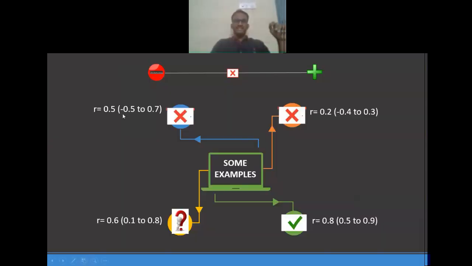Let us consider the first example, where the R value is 0.5, which denotes a moderate degree of correlation. But suppose, when we calculate the confidence interval, we get minus 0.5 to plus 0.7. This is the variability range. It shows that if the study is replicated, the value we get can vary anywhere between minus 0.5 and plus 0.7.